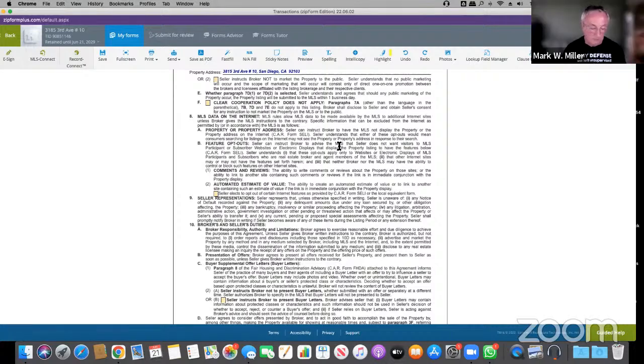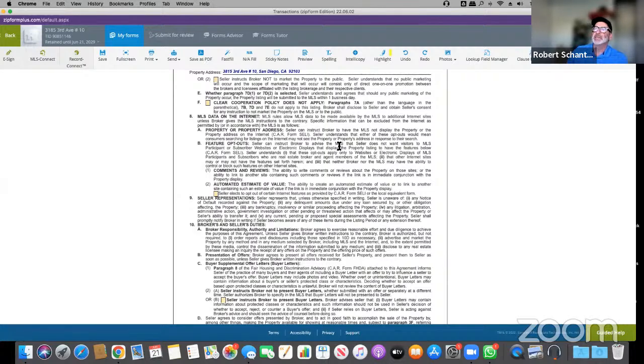Also within that MLS data, there's an automated estimate of value that some sites will do, like Zillow does it, Redfin does it, but we have no control over that. The only way we would have control over that is if you were to opt out of syndicating out to other sites, but that would defeat the purpose of marketing it to a broad audience.